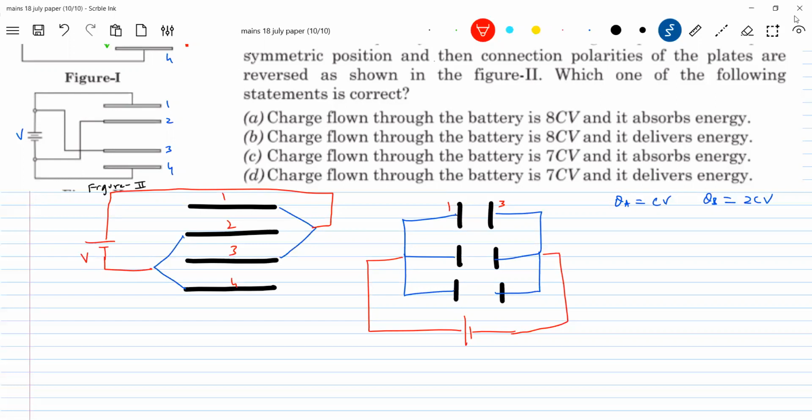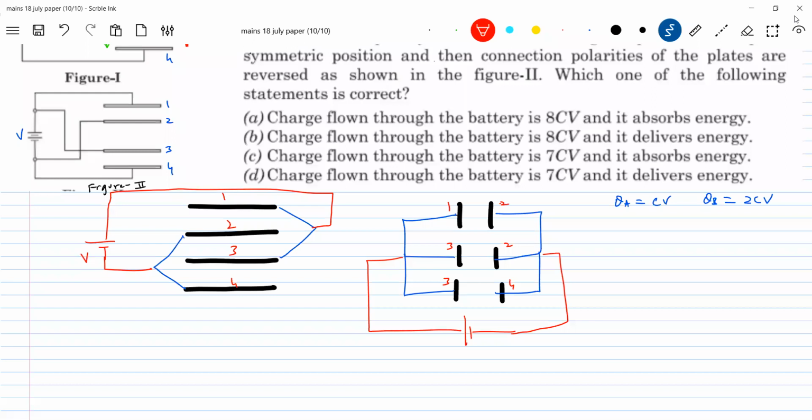Sorry, first 1, 2, no, negative terminal, 1, 2, and again now 3 is connected, so here 3 will come, 3 and 2. Next 3 and 4, 3 is connected to the positive terminal, 4 is the negative terminal.